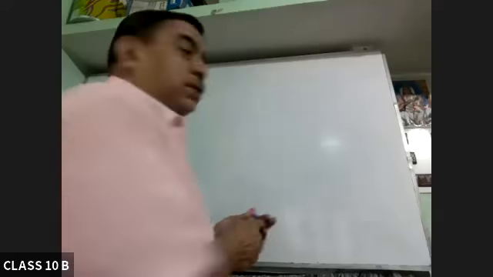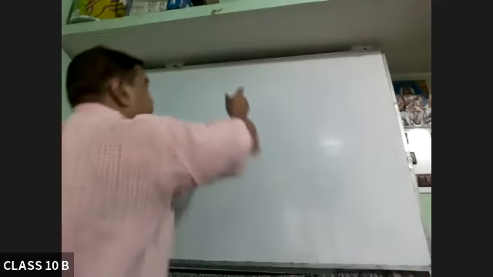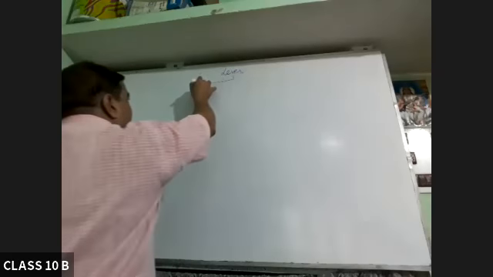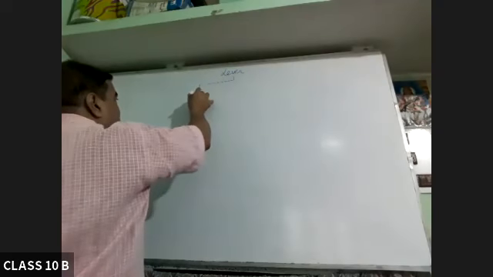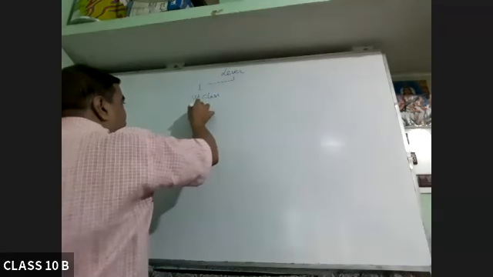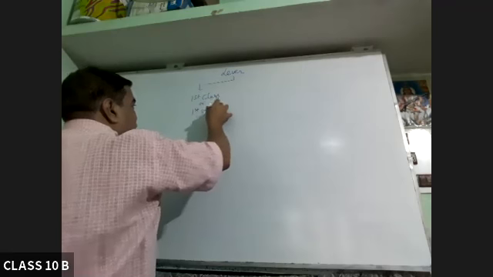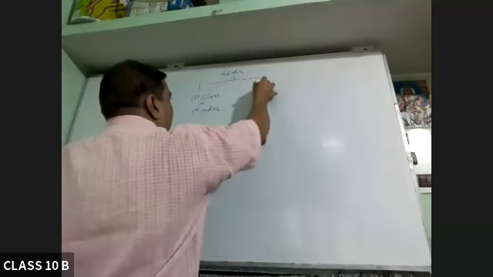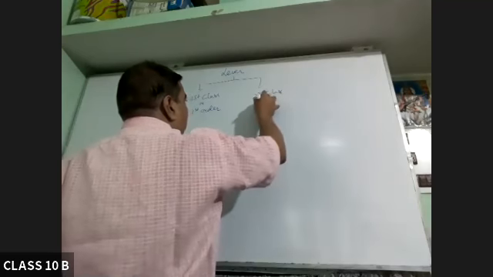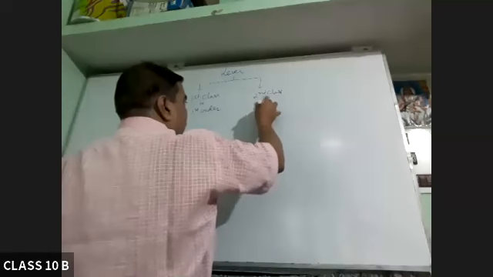If the load is producing an anticlockwise moment, then the effort must produce a clockwise moment. Today we discuss the classification of levers. A lever can be classified into three types: first class or first order, second class or second order.